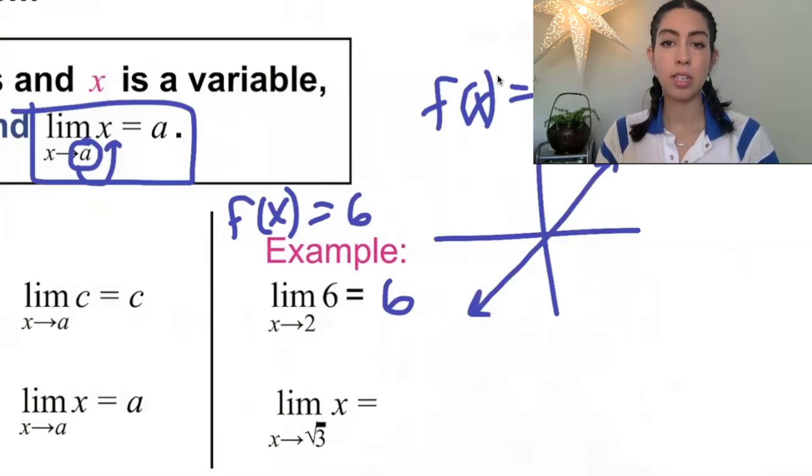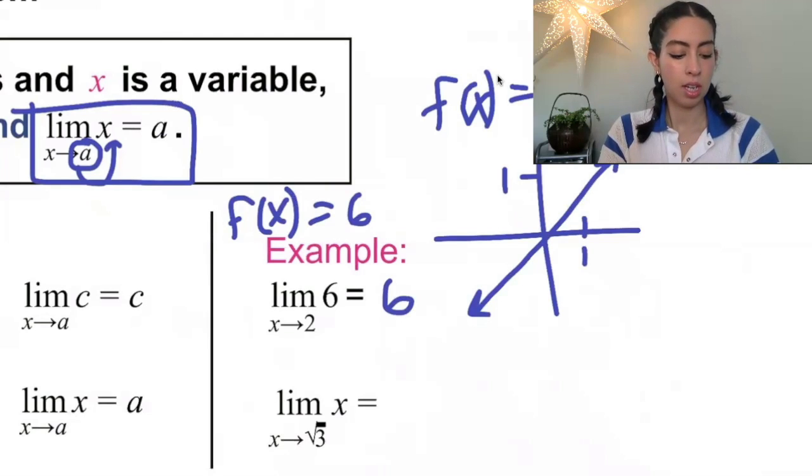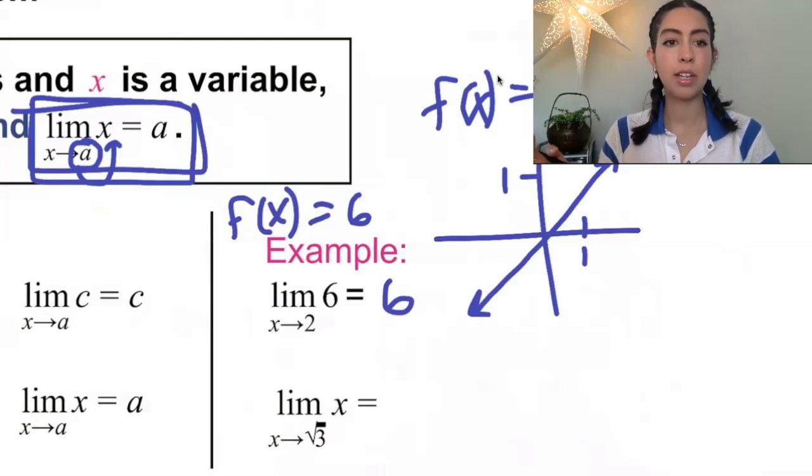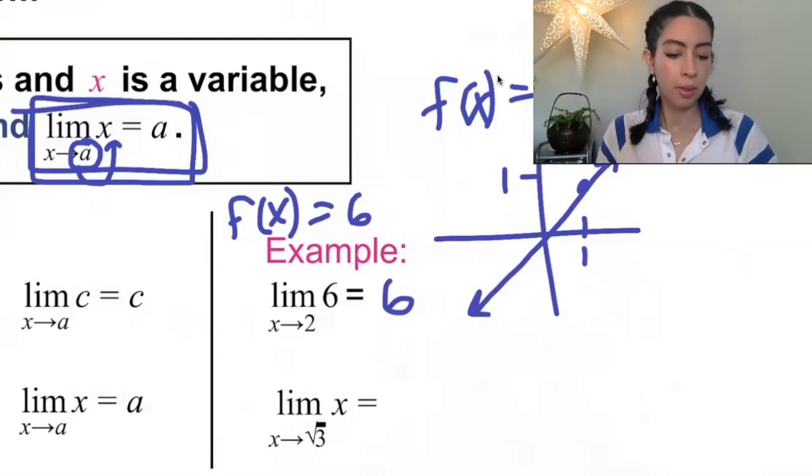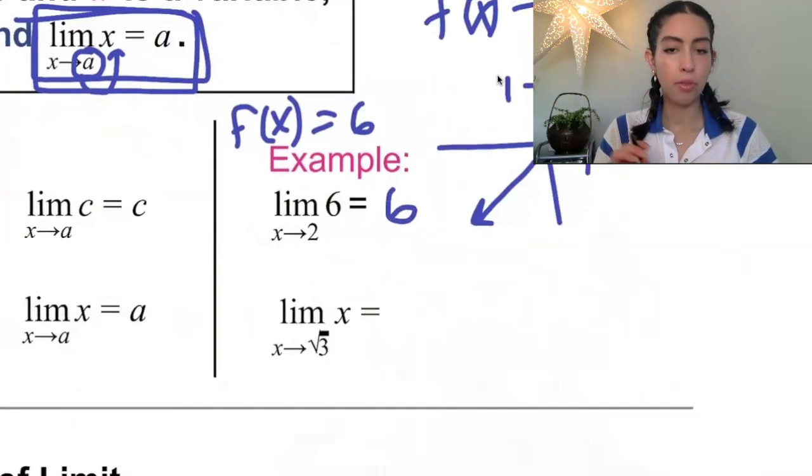And we know that for every x value that we pick, for example, x is equal to 1, the y value is also going to be the same thing. So that's mainly where this comes from. This idea of being able to do direct substitution comes from the notion of this function and the way that its x's and y's work. So this means that if we're finding the limit as x approaches root 3 of the function x, then our answer will be root 3.